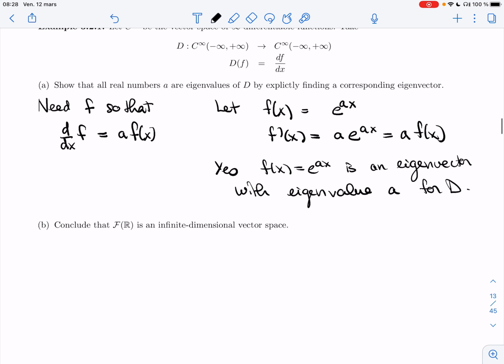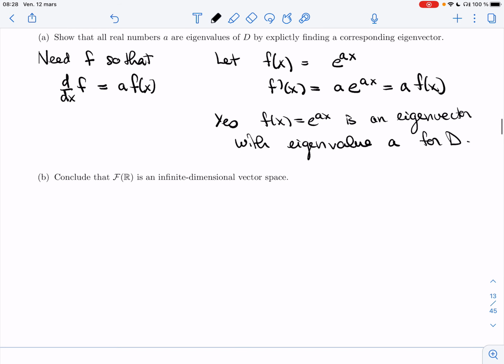All right, that's nice. Now I want to use this to conclude that the space of functions from R to R is an infinite dimensional vector space, right? So I want to find inside F(R) a set that's infinite and linearly independent.